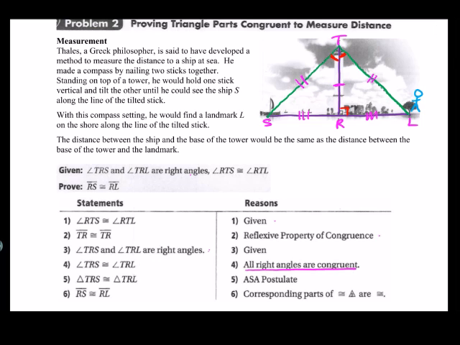So we can prove that our triangles are congruent, and we will see the angle-side-angle postulate coming up. So if our triangles are congruent, then all corresponding parts of your triangles are congruent. So he knew that however far away from the tower his unpaid intern was, that's how far the ship is out to sea.